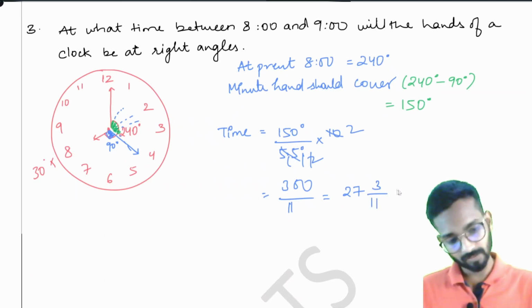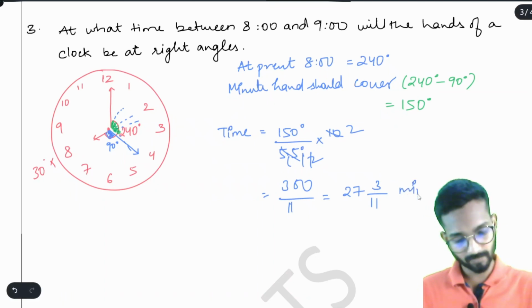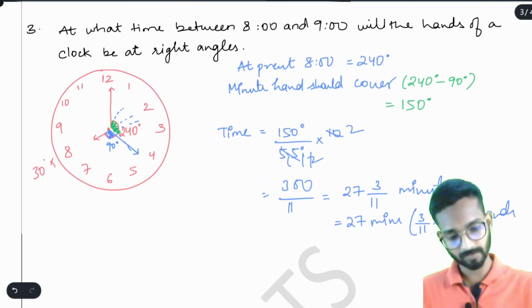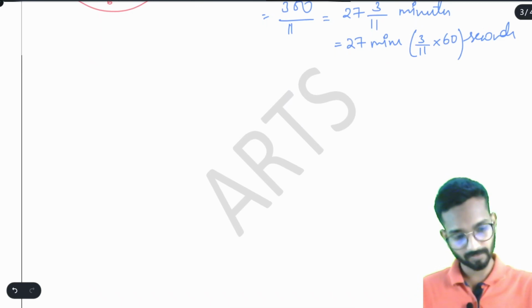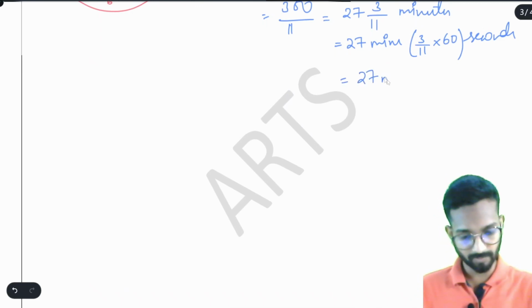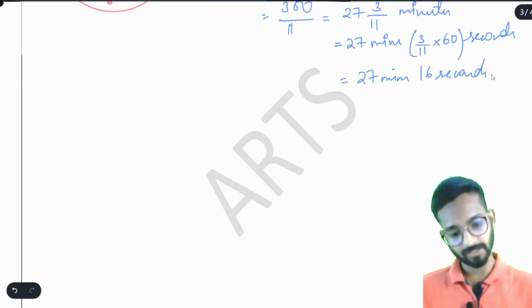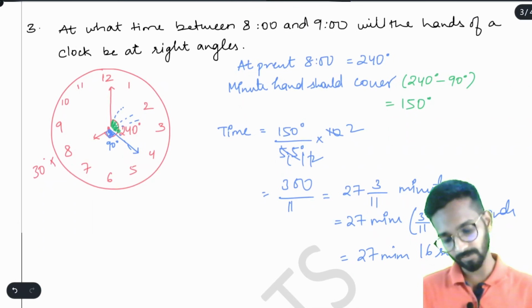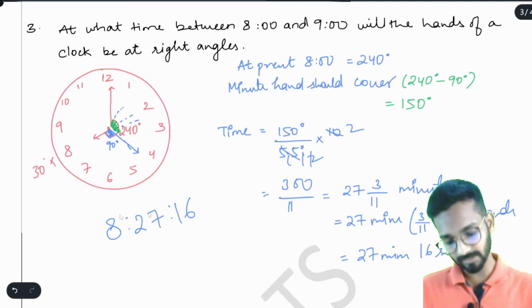Now 27 3 by 11 minutes, or you can say 27 minutes and 3 by 11 into 60 seconds, which can be written as 27 minutes and 16 seconds. It means the time when it will make a 90 degree angle is around 8 o'clock, 27 minutes and 16 seconds.